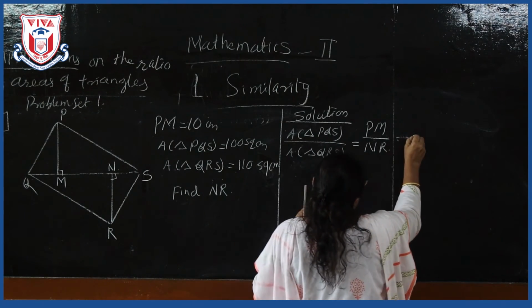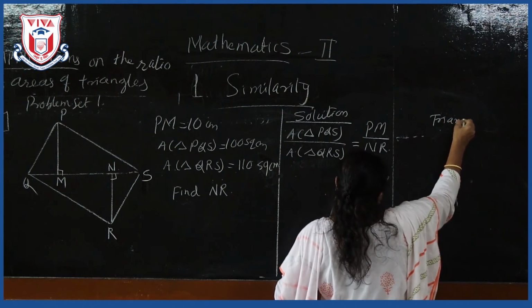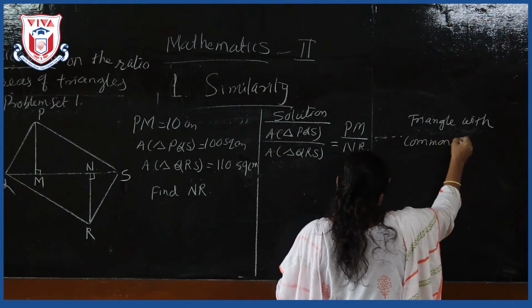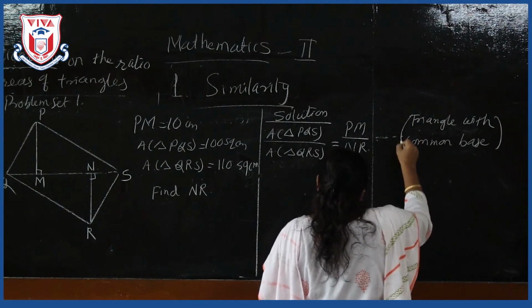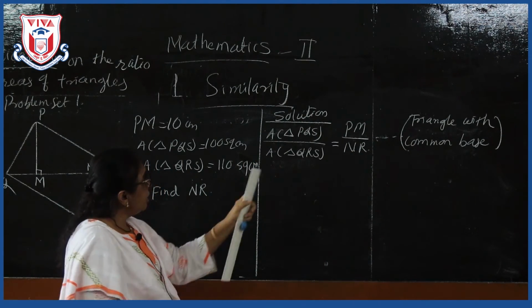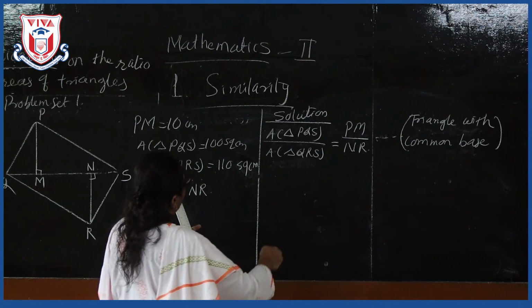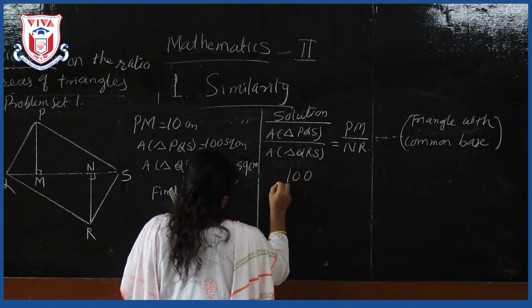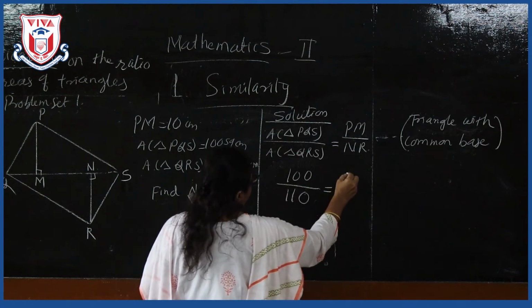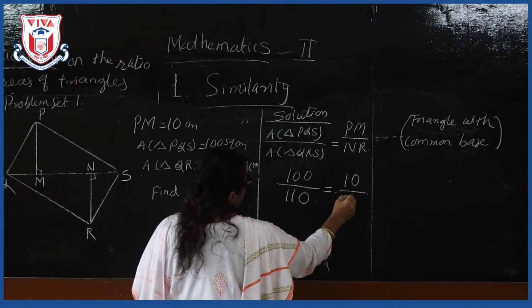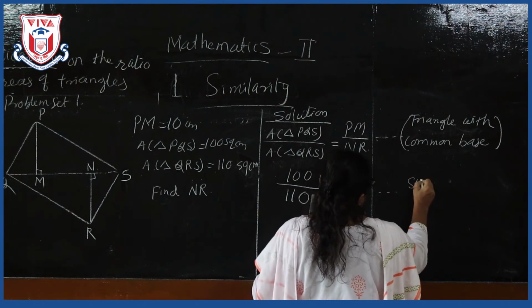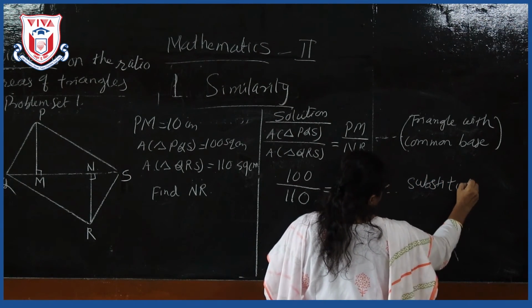Reason immediately you have to write: triangles with common base. That's why areas are proportional to corresponding heights. Now substitute the values. Area of triangle PQS is 100. Area of triangle QRS is 110. PM is 10 centimeter given and NR we have to find out. So this statement we get by substituting given values.